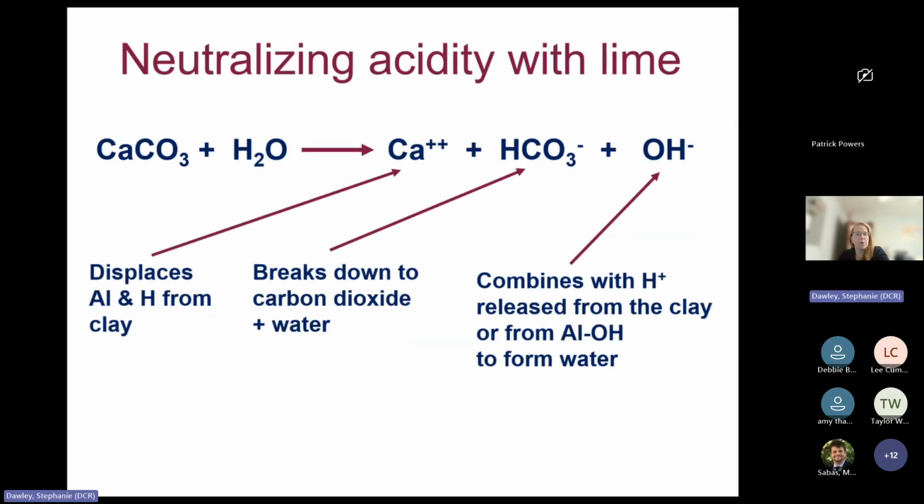Here is the chemical equation for neutralizing acidity with lime. You can see here, we're putting our calcium carbonate with water. This calcium displaces the aluminum and hydrogen from the clay, breaks down to carbon dioxide and water, and then that combines with the H plus and is released from the clay or from the aluminum OH to form water.